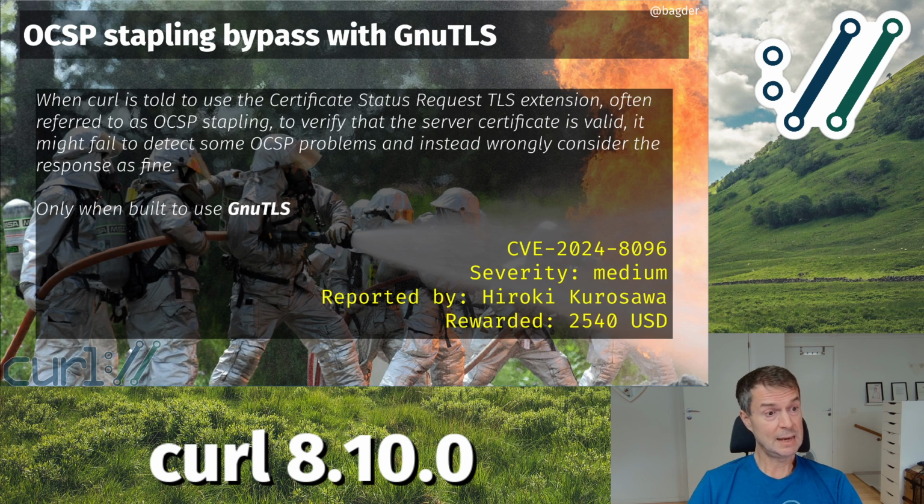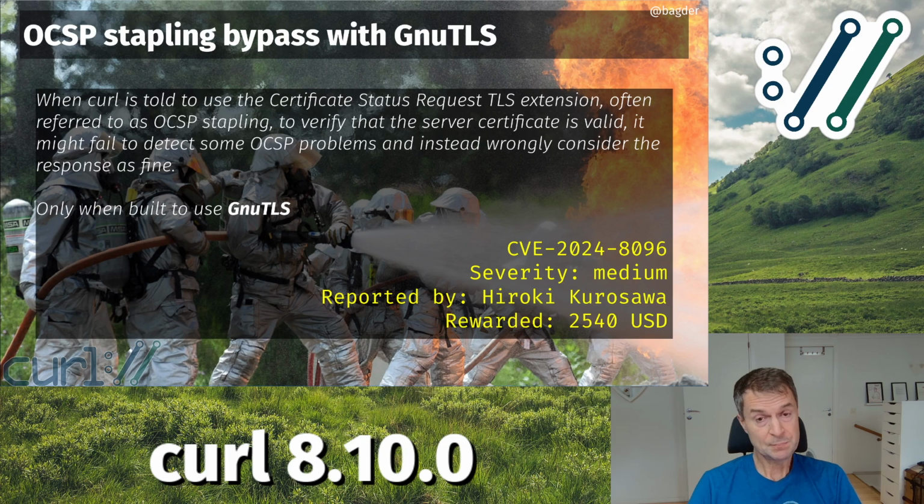It is probably not widely supported by servers out there, but there is a whole bunch of servers that support this. And curl supports it. You can just add --cert-status to the command line tool, and it'll then require that you get a positive response back to this status request in the TLS extension.